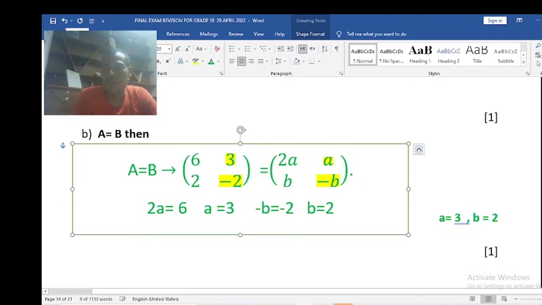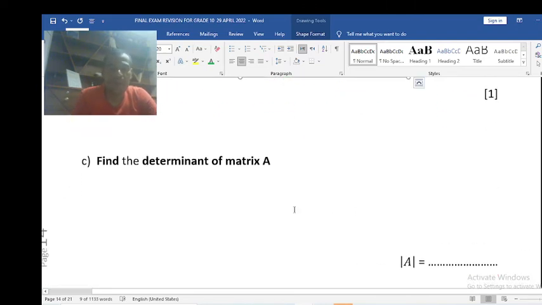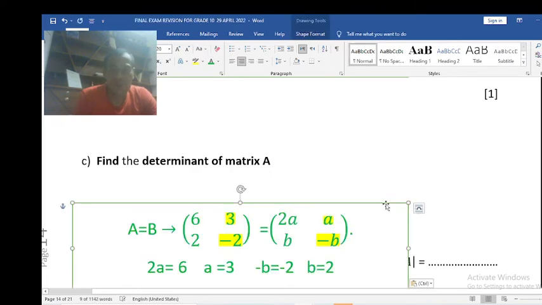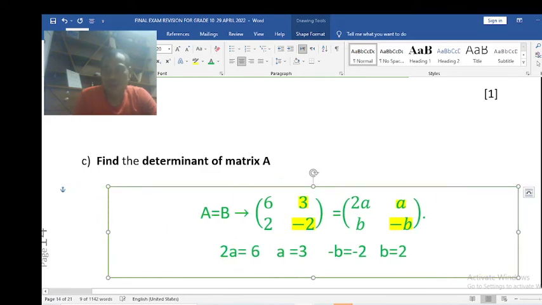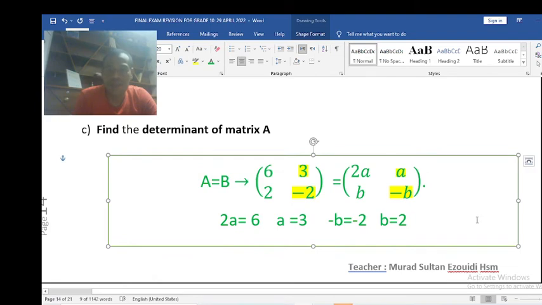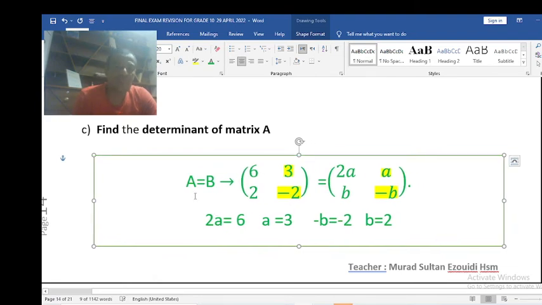So this one, learners, I will just extend this one. The matrix, learners, is that.